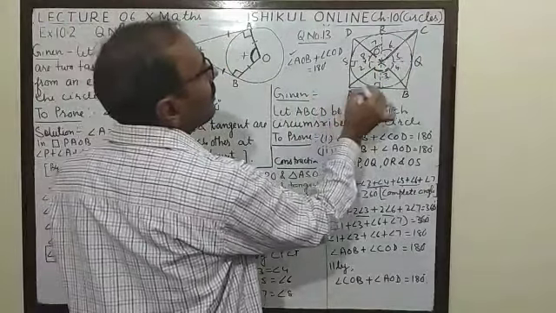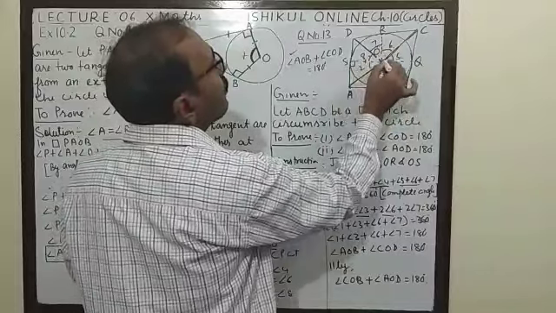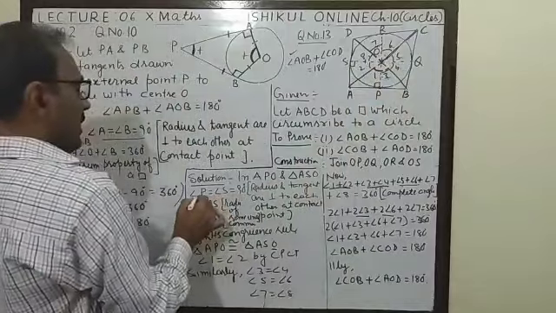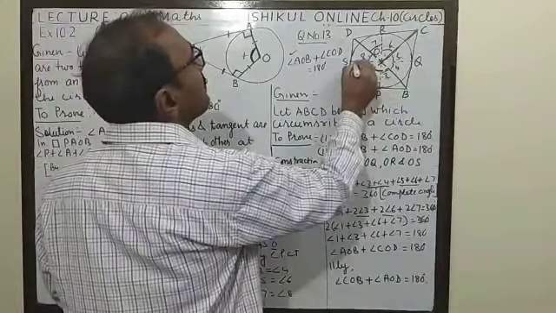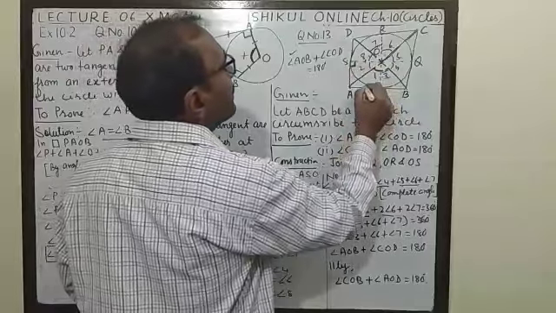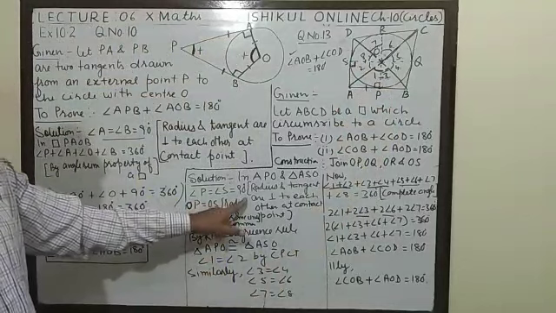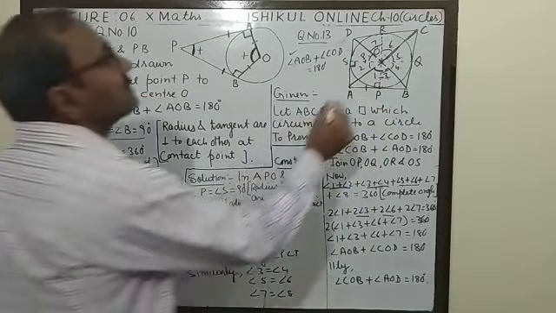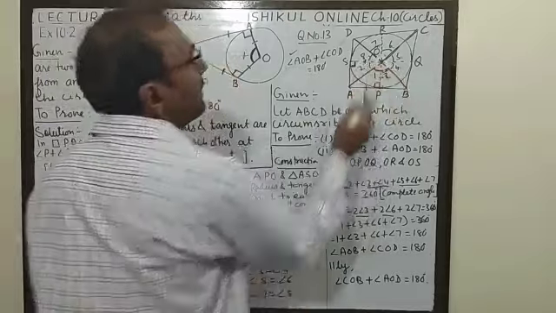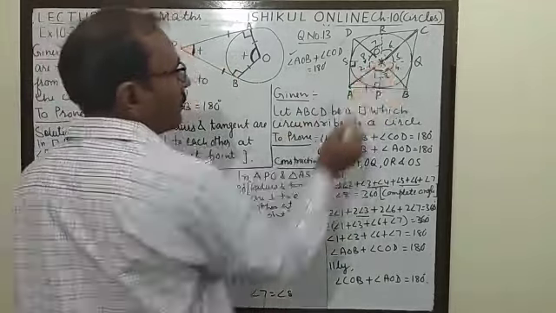In triangles APO and ASO, angle P is equal to angle S, 90 degrees, because the radius and tangent are perpendicular to each other at the point of contact. OP equals OS, radii of the same circle, and OA equals OA is common.